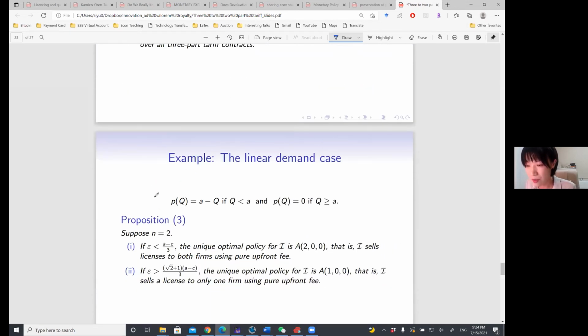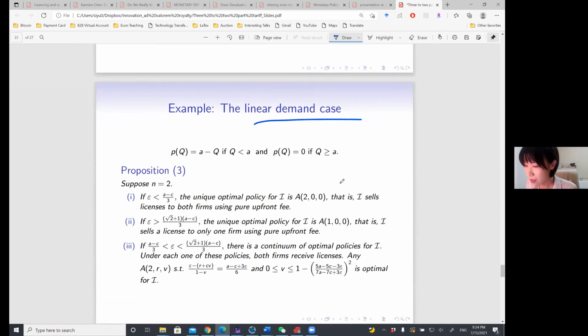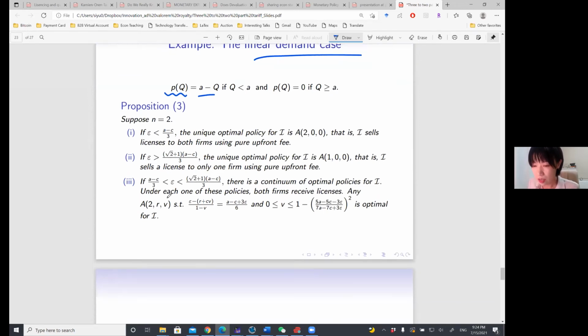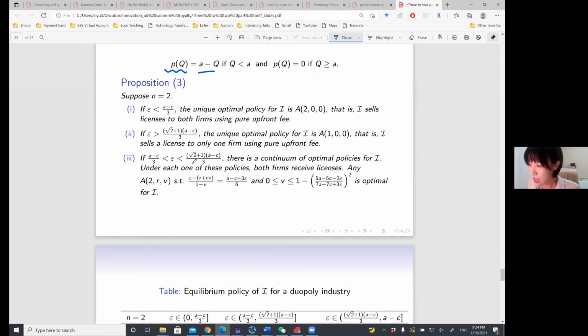So it's a repetition, and let's see. The last part of our paper deals with a linear demand. So here we assume the inverse demand function is P equals A minus Q. And we solve the Cournot computation first, starting from the last stage, and we plug in the standard Cournot computation into the innovator's problem with the acceptability constraint. We have the following result. If N is equal to 2, and depending on the level of cost reduction, we have 3 regions, and in each region, we calculate the optimum policy.